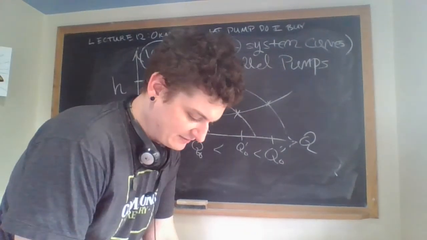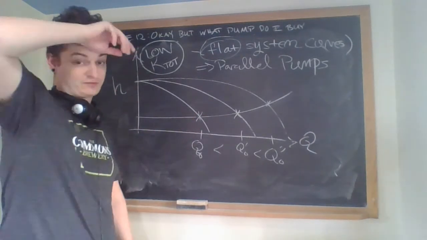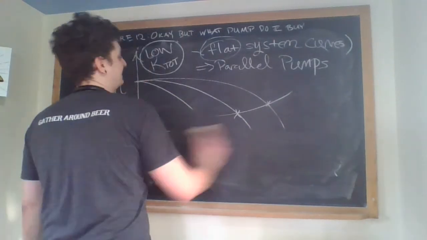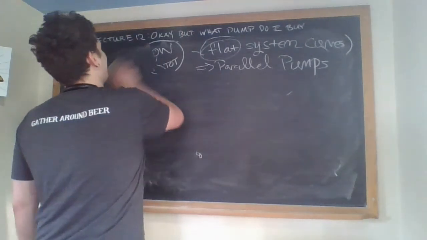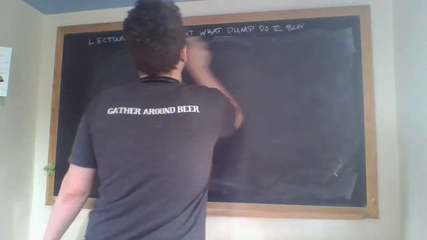All right, so that's sort of the rules of what you're trying to do, of ways you can change these plots around. You can change the Ks, you can change, say, the initial head on your system, and then you can also put pumps in series and/or in parallel.